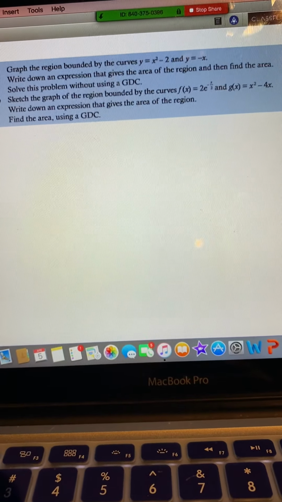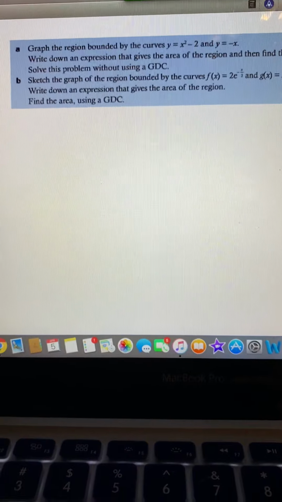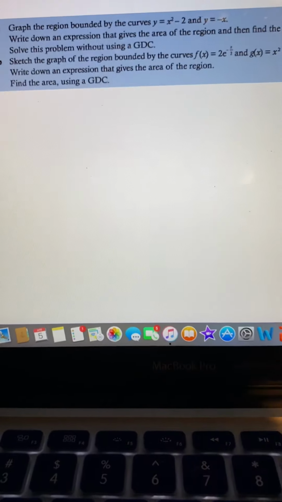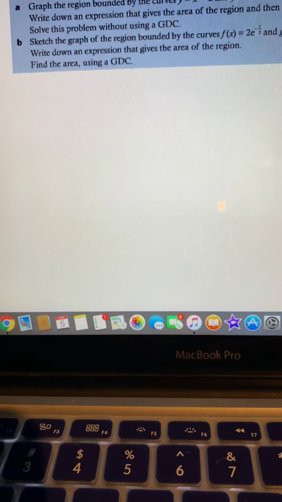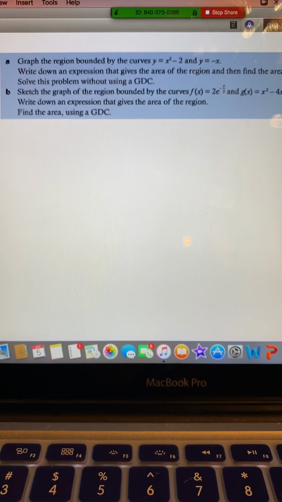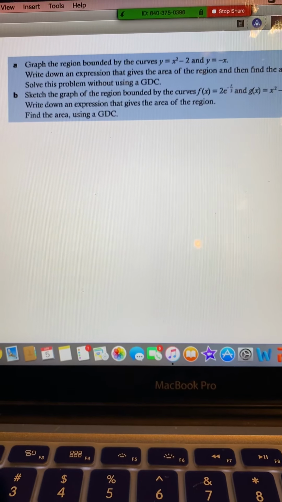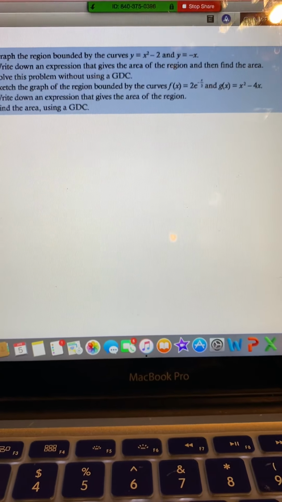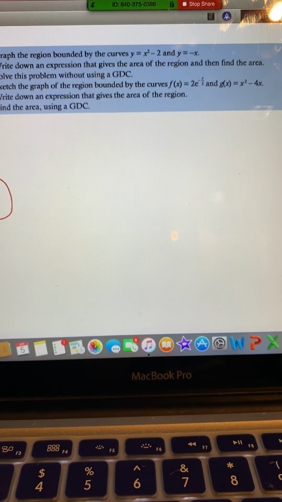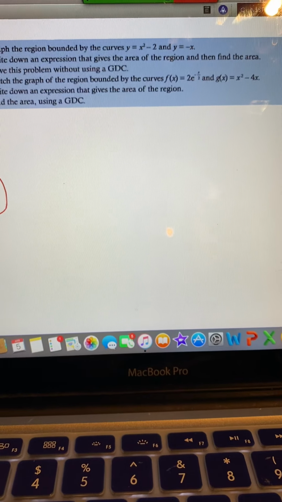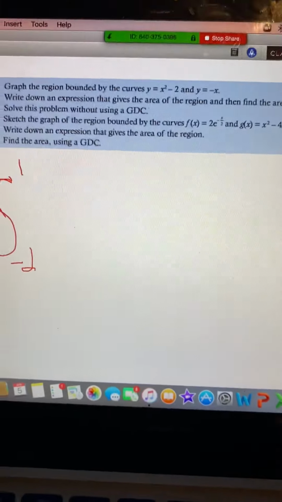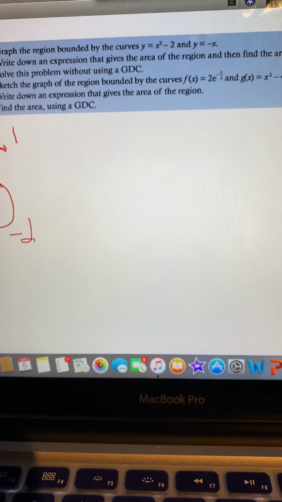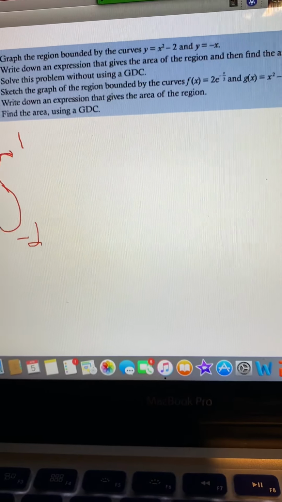Now that we know it's going to be negative 2 and positive 1, what we're going to do is set up the equation to find the area of the graph, because it says write down an expression. So my expression is going to be the integral from negative 2 to 1 of the top one, remember, was my line.